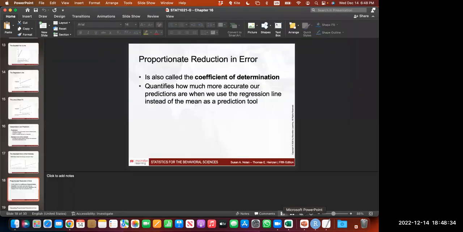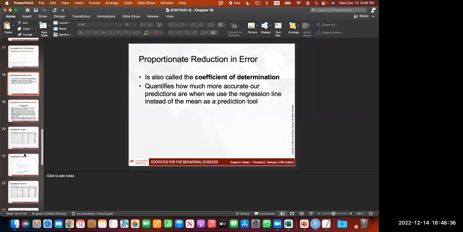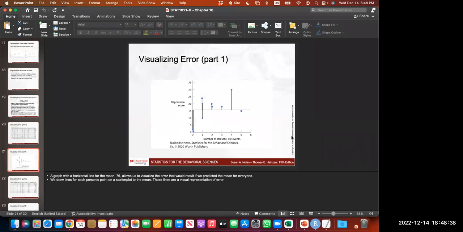And this is nicely depicted here in this graph. So when we have a total sum of squares, a total variability, a total error, we're basically testing the mean of a dependent variable. And with our sum of squares total, we're testing the difference between each individual point and that mean.